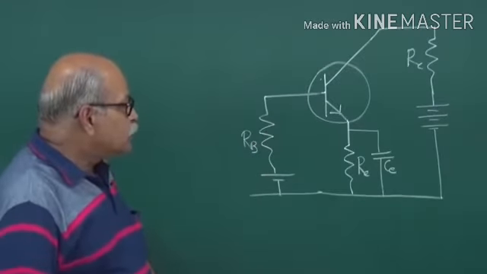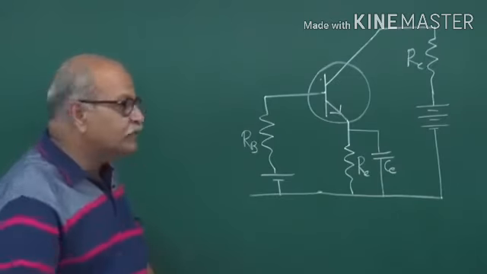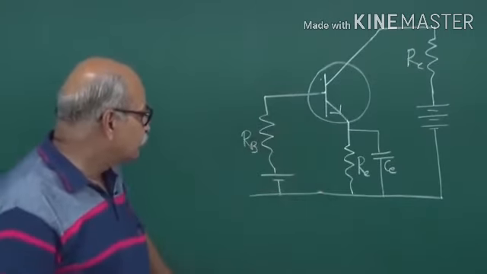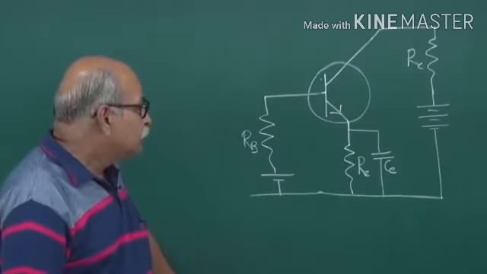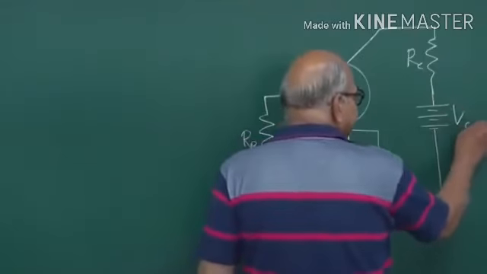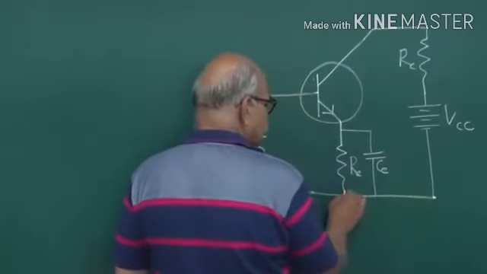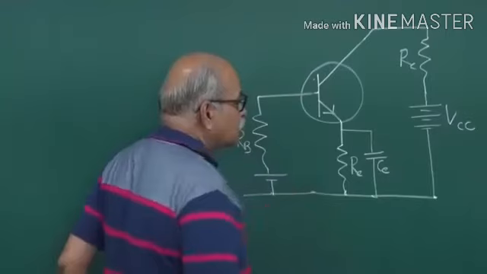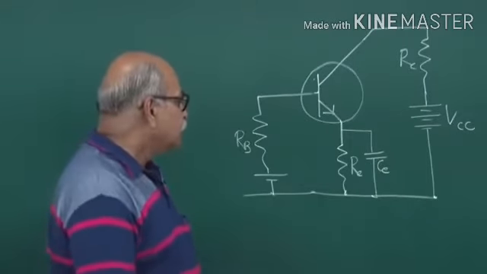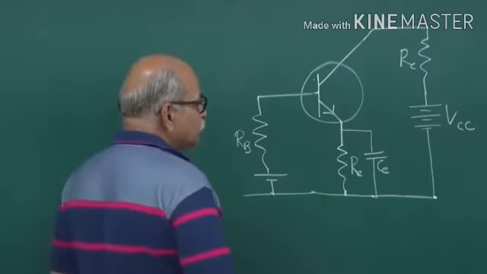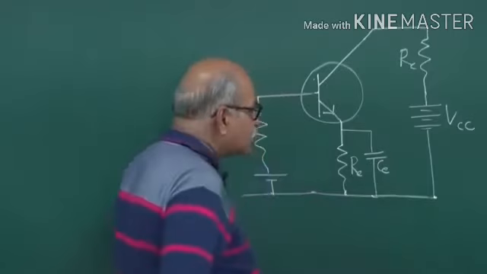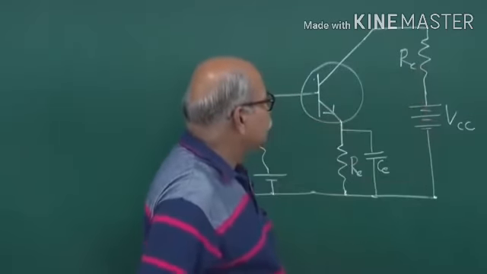Now at this stage I would like to introduce two things. One is another way of writing these things. For example, if this RC is connected to this VCC here, this point is 0, this is all 0 potential, which we call ground. The ground itself is represented by the symbol of ground. So what you can do is, this point is just ground, and this point RC is connected to this VCC.